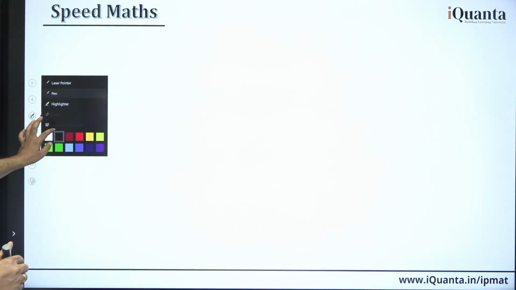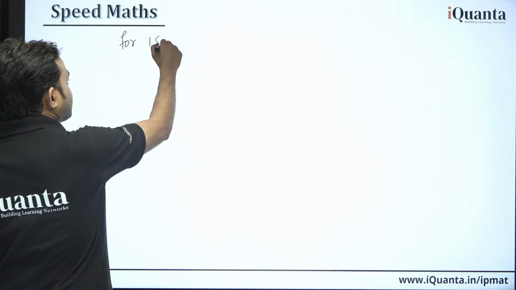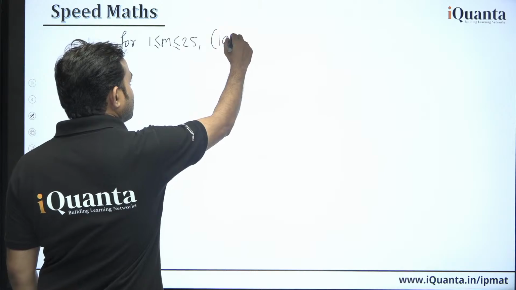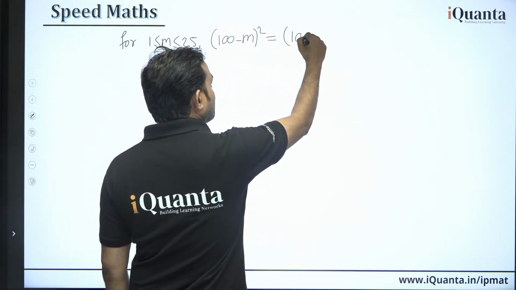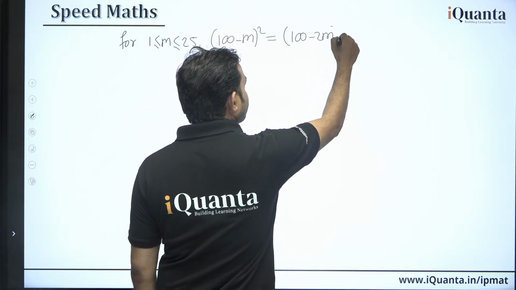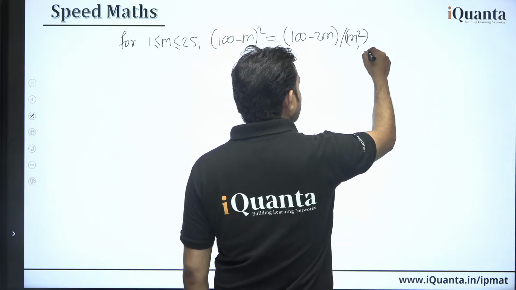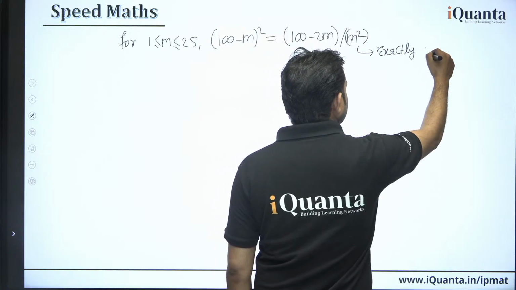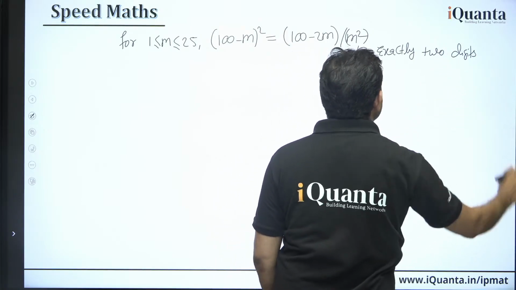Now, what if numbers are between 75 to 100? Like for m greater than or equal to 1 and less than 25, what we can say is 100 minus m whole square will be equal to 100 minus 2m slash m square, where this m square will have exactly 2 digits.